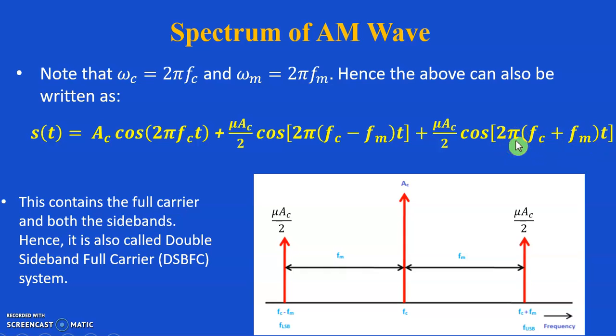So the spectrum of the AM wave, as shown here in the figure, has three frequency components.